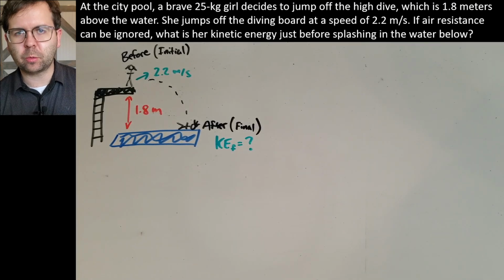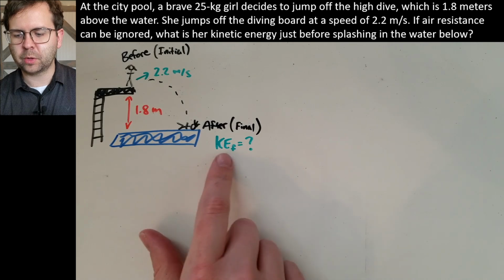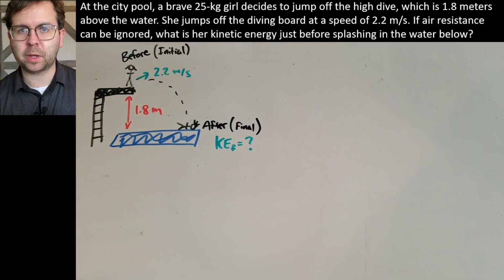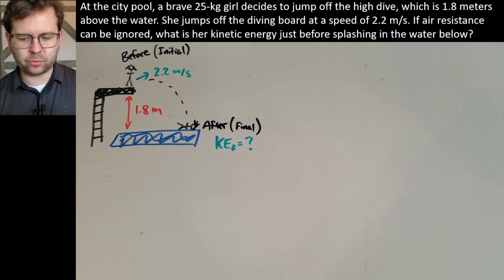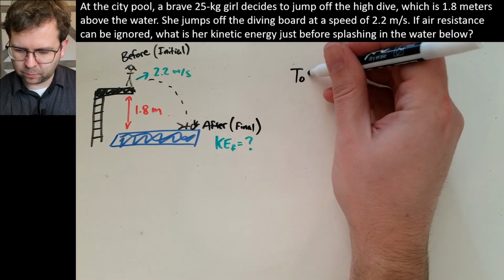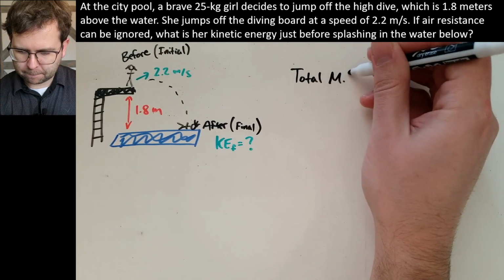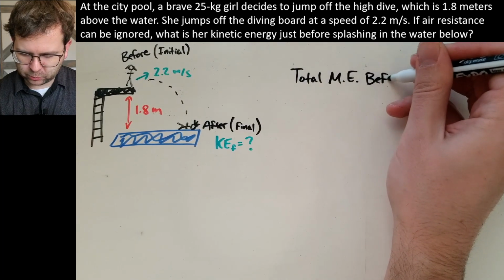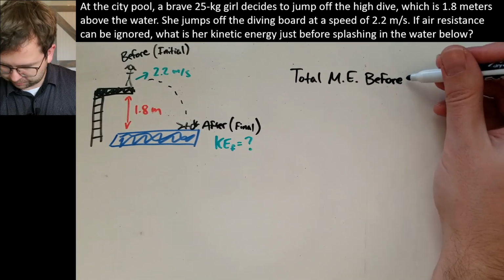Now, we can use some of our knowledge about physics to help us answer this question, because her final kinetic energy is going to be related to her starting mechanical energy. That is to say that the total mechanical energy of this girl beforehand is equal to the total mechanical energy after.